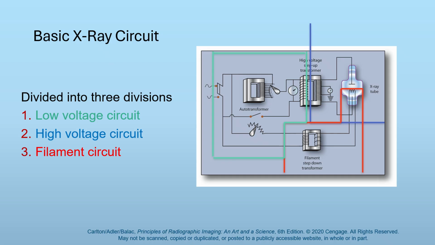And then the filament circuit. There's some disagreement as to whether the rheostat. Some people say the rheostat is in the filament circuit as well. I'm in that camp. But some folks say that the rheostat is in the control console circuit.